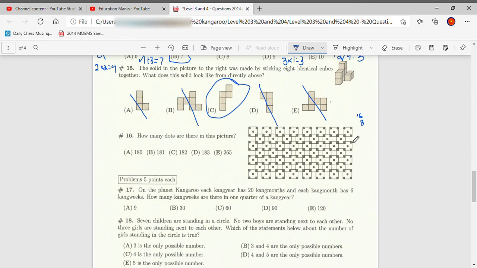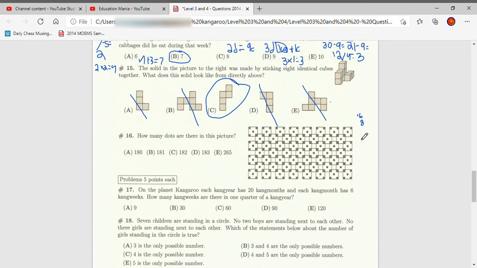Here's where we made our mistake. It is actually 16, 8, 16, 8, 16, 8. But just in case, it might actually be 7 here. 1, 2, 3, 4, 5, 6, 7. So it's 16, 8, 16, 7, 16, 8, 16, 7.